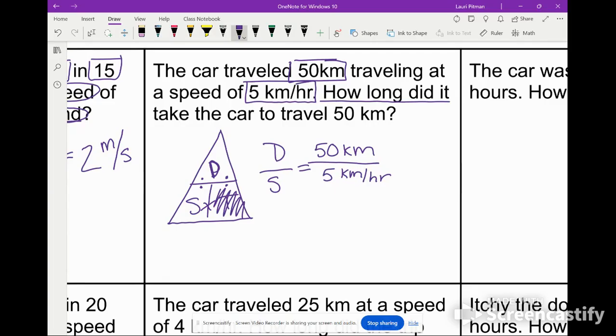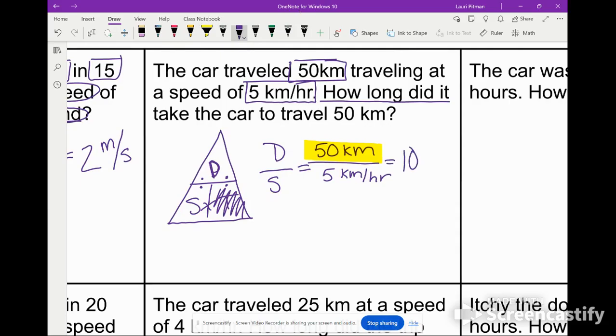All right, so then I just do 50 divided by 5. And here's your reminder, when you see the problem set up like this, the top number is what would go in your calculator first because you are dividing 50 by 5. So you would put in 50 divided by 5. That should give you 10.